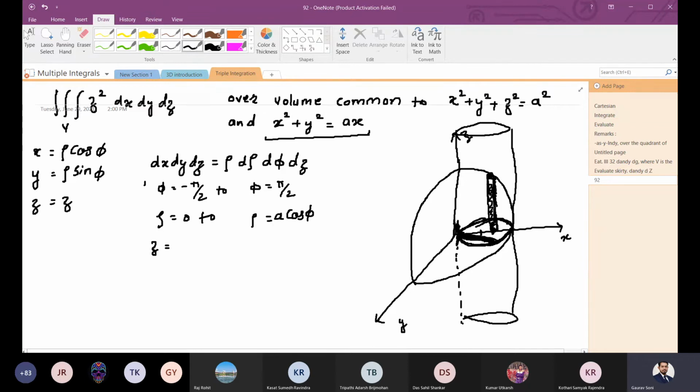So if you look at the lower end of your sphere, that will be z is equal to minus under root of a square minus rho square. And the upper is z is equal to under root a square minus rho square. So this is the complete thing that we have now.